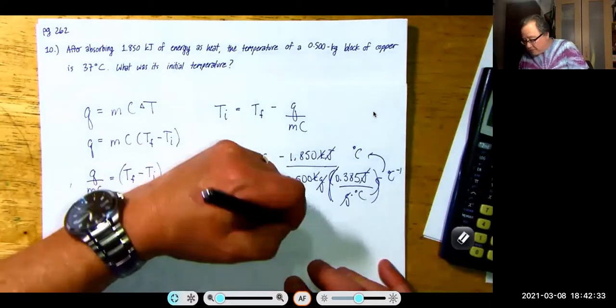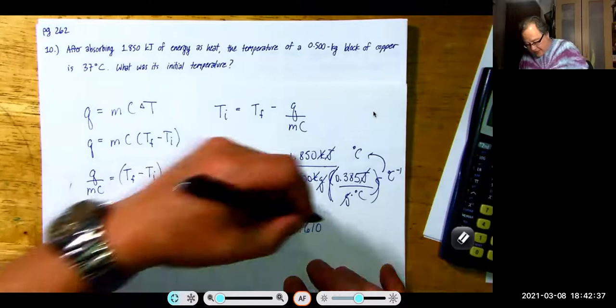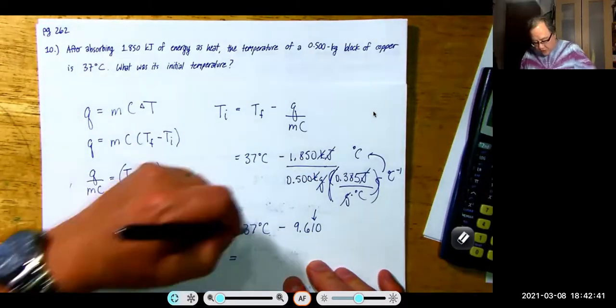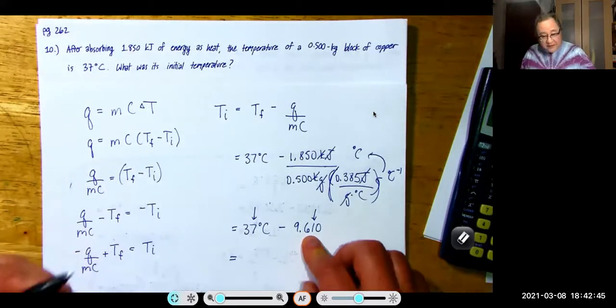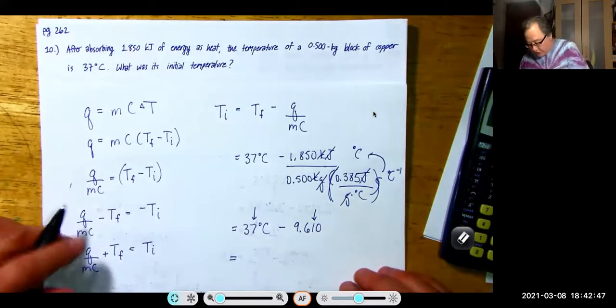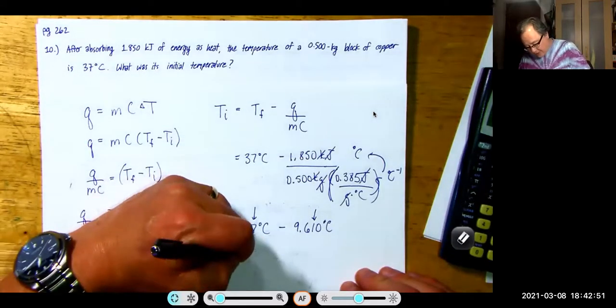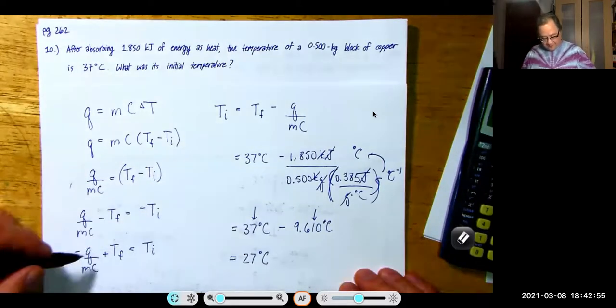And I get 9.610. And this is good to there. So this is good to the ones. This is good to the hundredths. When I subtract these two, I'm only good to the ones. So my answer ends up being 27 degrees Celsius.